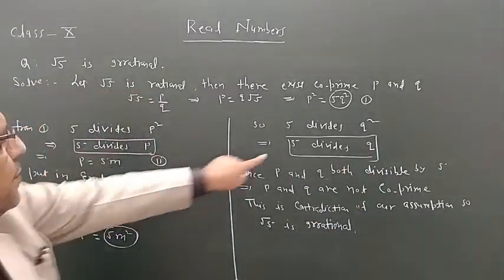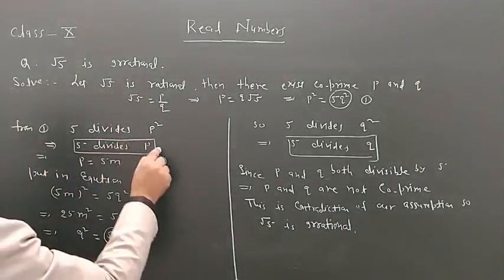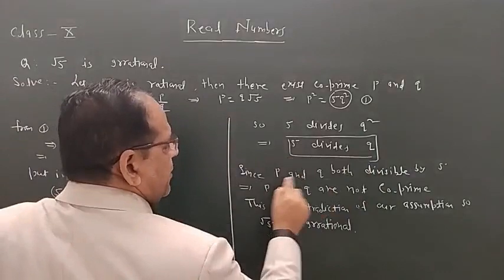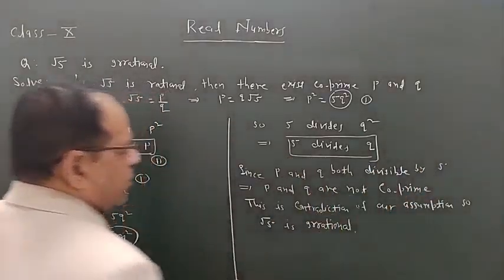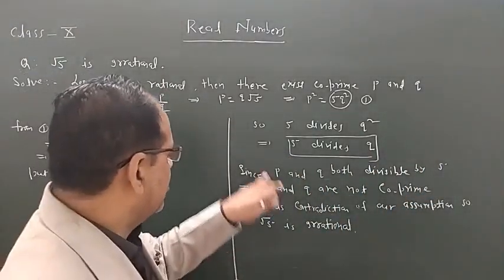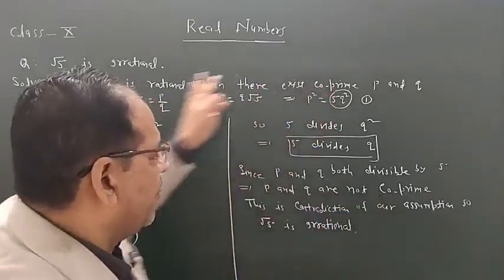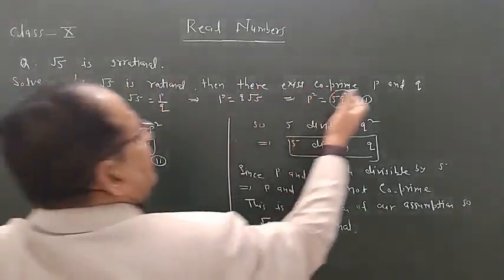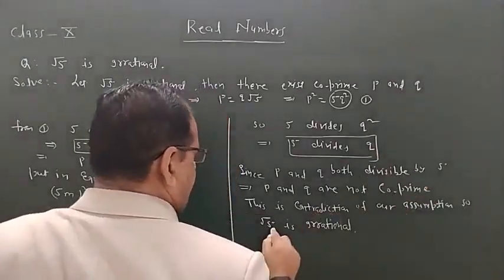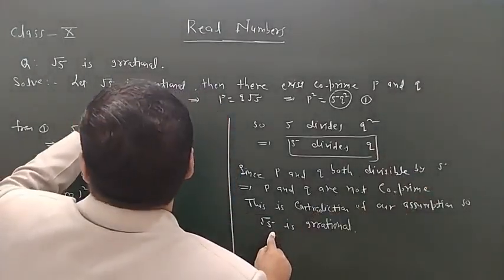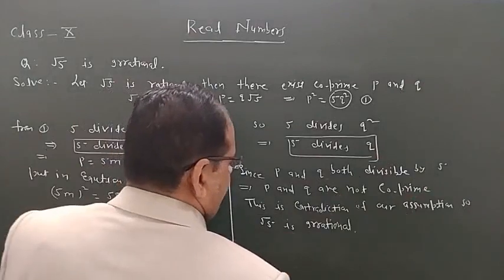These two steps show that 5 divides p and 5 divides q, that means p and q are both divisible by 5. So p and q are not co-prime. This is a contradiction of our assumption that p and q are co-prime. That means our assumption is wrong. Root 5 is not rational, root 5 is irrational.